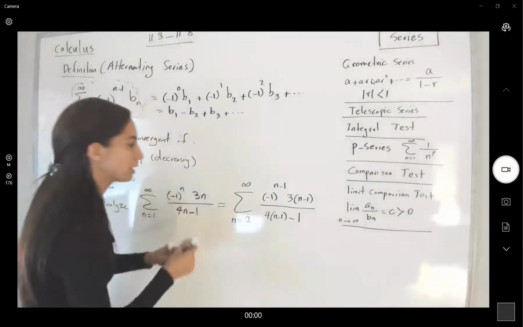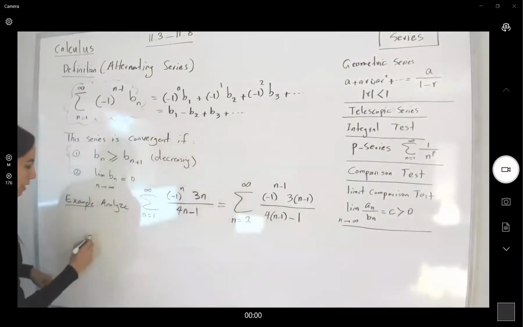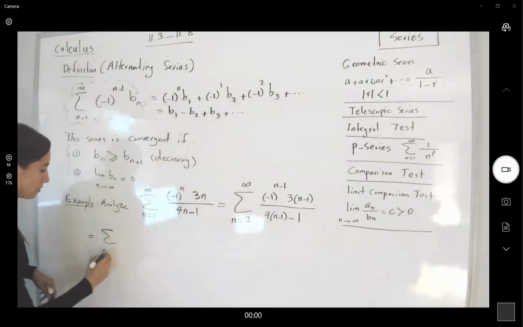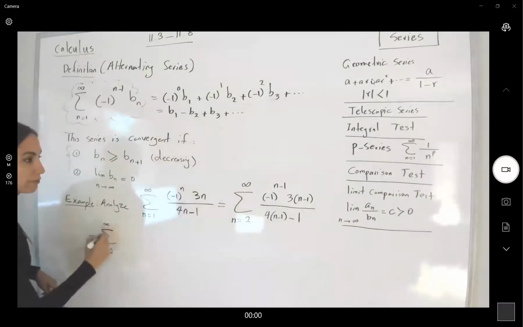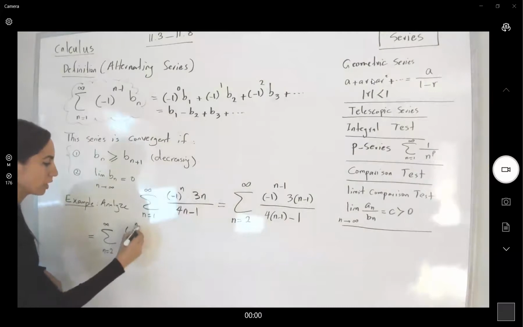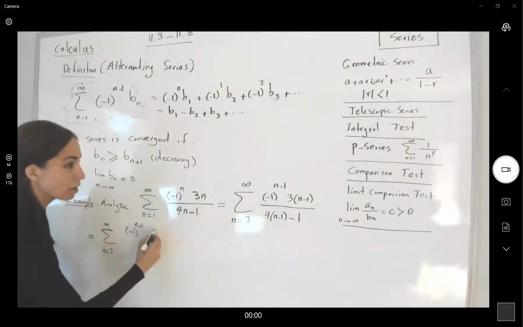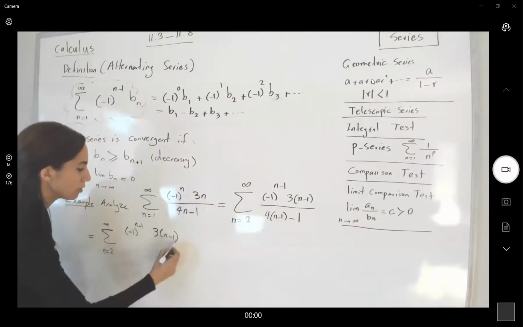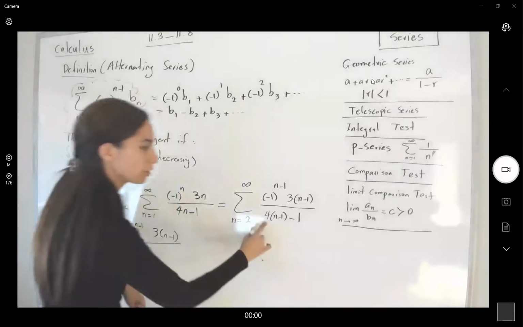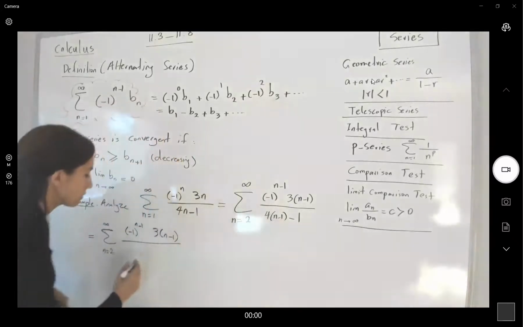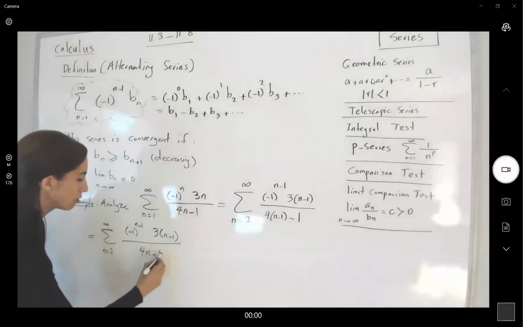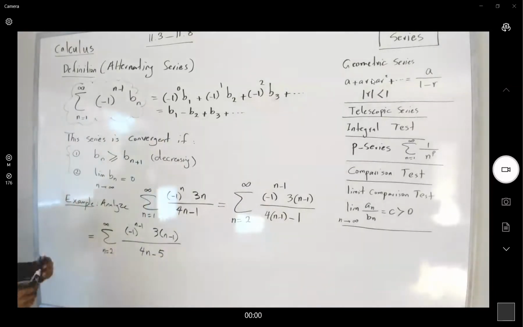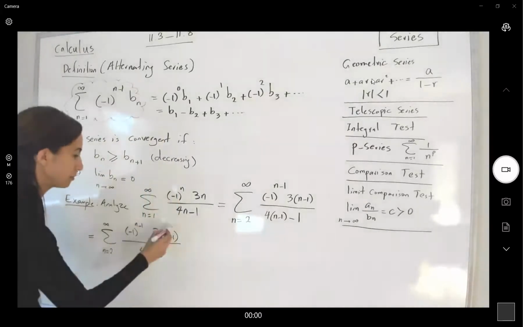So I can rewrite this as the series with n starting from 2 to infinity, negative 1 to n minus 1, and here I have 3 times n minus 1. I'm going to leave it as it is, divided by 4n minus 4 minus 1, or 4n minus 5. Okay, very well. So now I have an alternating series, and this is my bn.